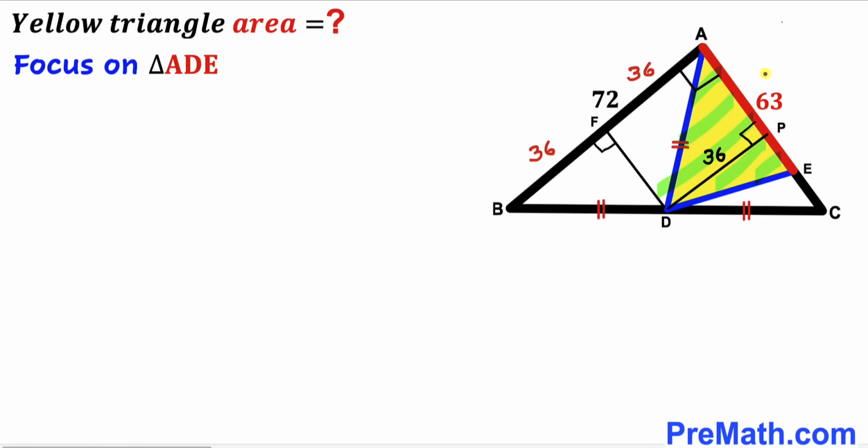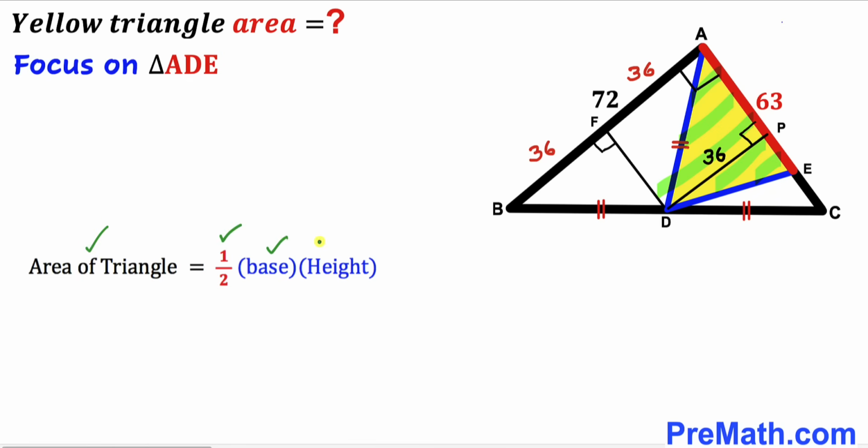And now let's focus on this yellow shaded triangle ADE, and I'm going to calculate the area of this yellow shaded triangle ADE. And now let's recall the area of a triangle formula. Area is always equal to a half times the base times the height of the triangle. And here we can see the base of this yellow shaded triangle is 63 units, whereas the height of this triangle is 36.